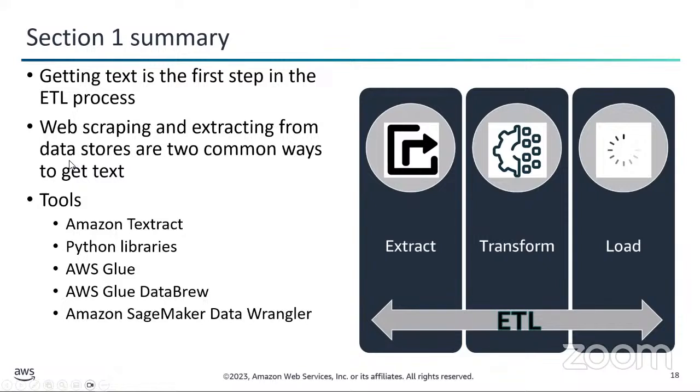That's why they call the term data store. And data store usually is in memory. A database has a whole engine behind it, and it's a whole complex system. And the tools which AWS provides you are like these: Amazon Textract, which can extract the text from images or videos; Python libraries; AWS Glue Service; and Amazon SageMaker Data Wrangler.